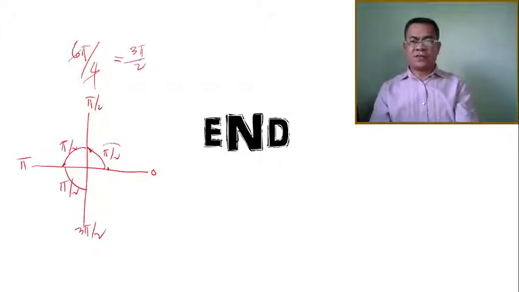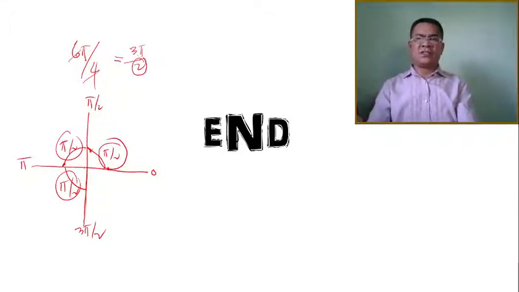So 3 times: 1, 2, 3. It will end up on the negative y-axis. Again, this is a special angle because if your denominator is 2 and it is in reduced form, then it is located on the y-axis.